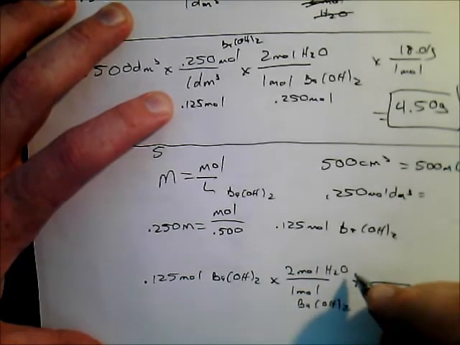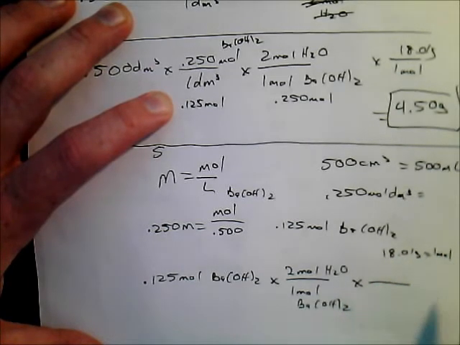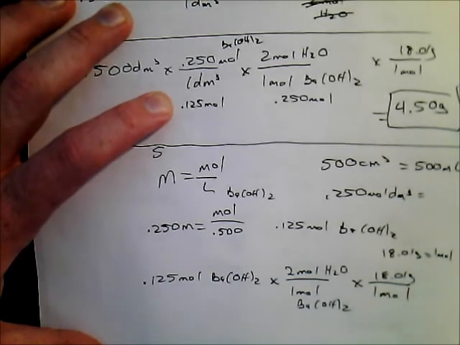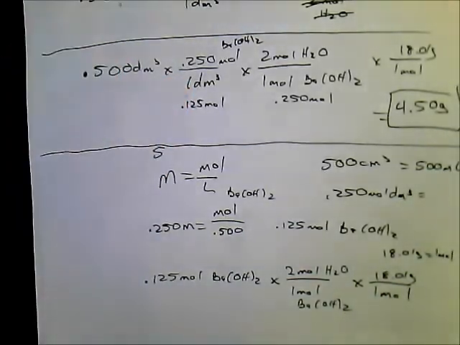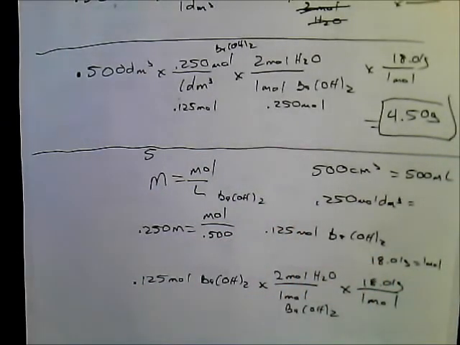And then I need to go to a mass of H2O, so I look up H2O's molar mass, I add it up on the periodic table. And we're going to get the same answer here, 0.125 times 2 times 18.01 divided by 1. You still should get 4.5 over there.